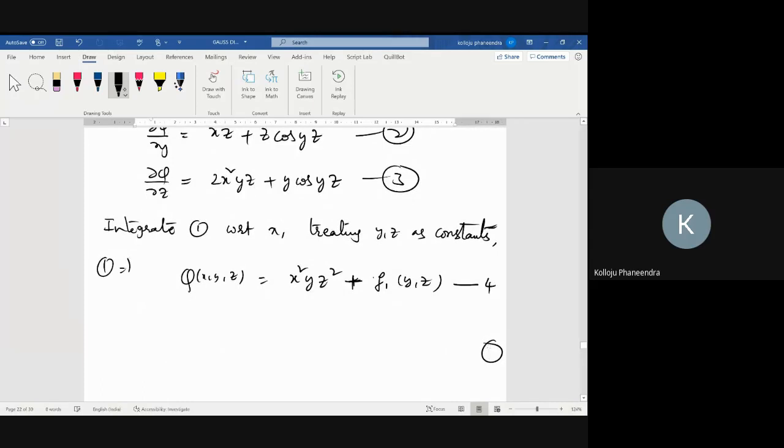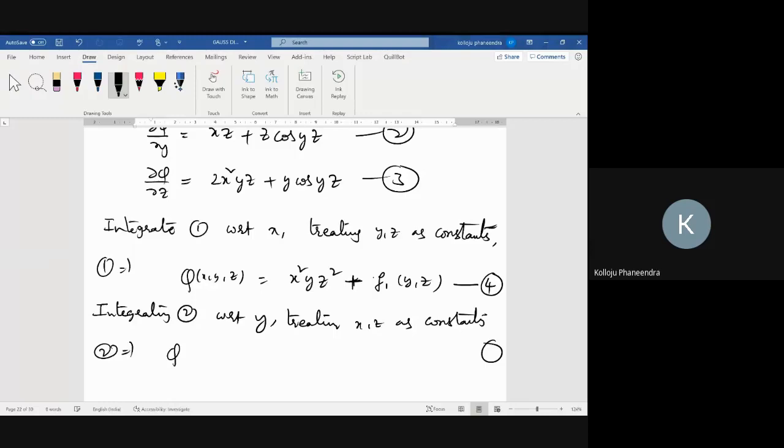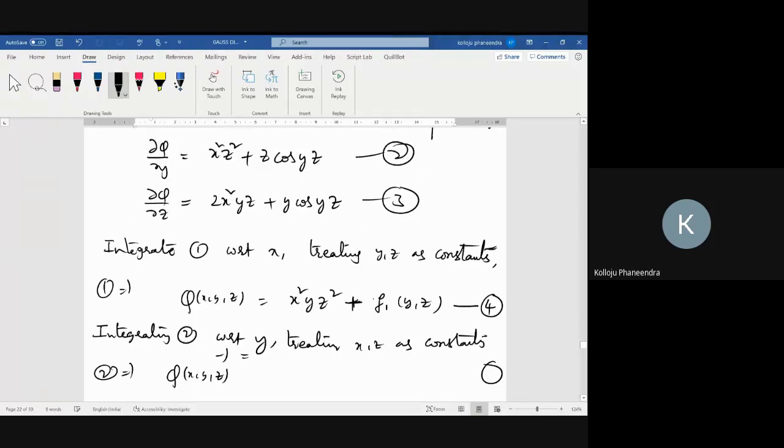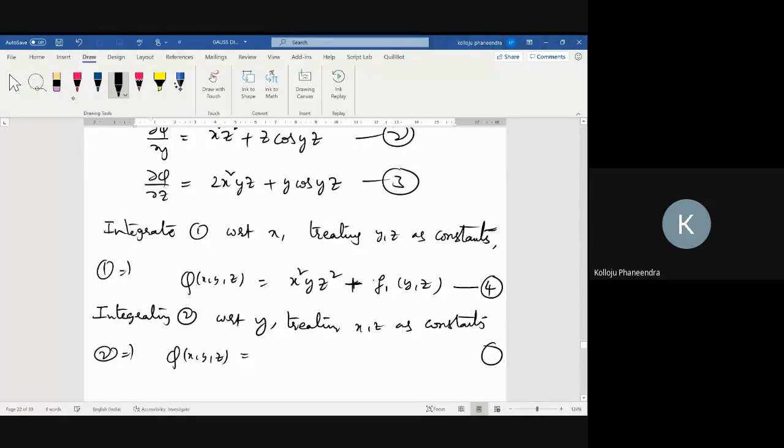Same logic. Integrating 2 with respect to y, treating x and z as constants. Then 2 implies φ(x,y,z), and treating x and z as constants, we get x²yz².